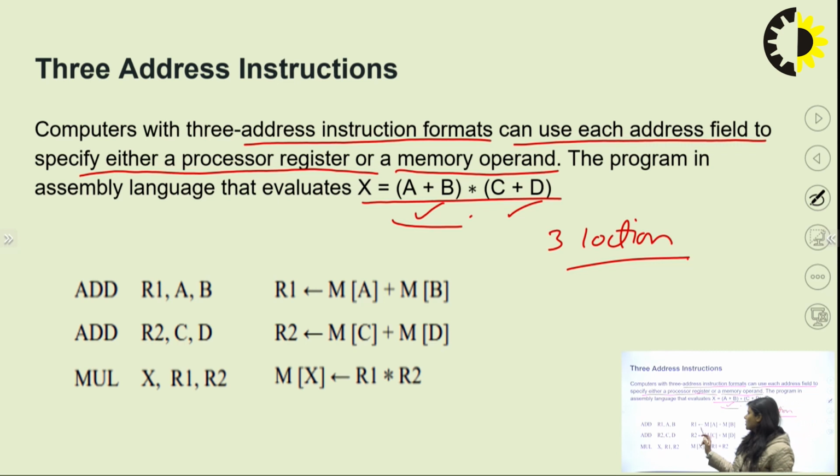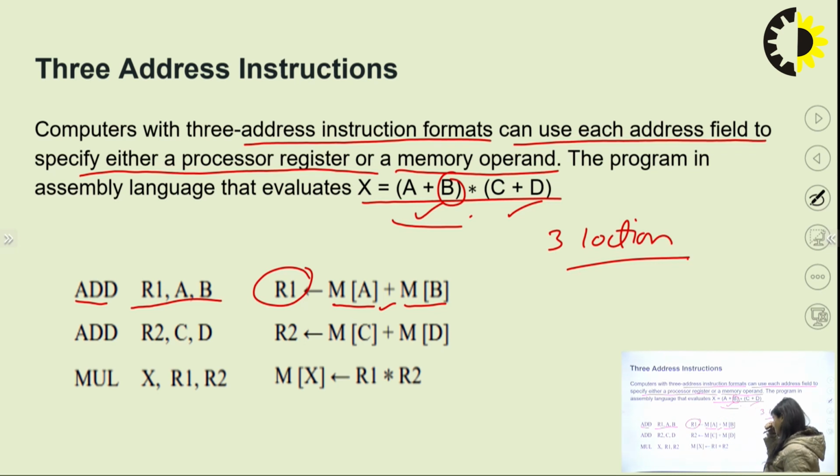Here we have a memory location M of A and another location M of B, and we have to add these and move the result to another location which we have taken as R1. So what would be the assembly code? ADD R1, A, B. This would be the first step to solve this expression.